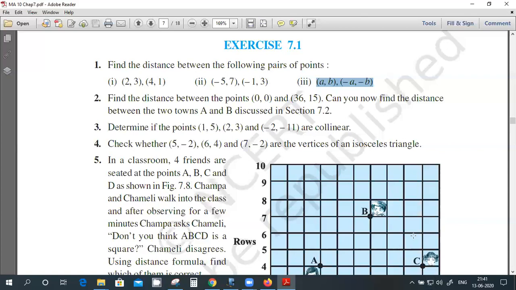This is the distance between two points, right? Getting it or not? Okay, I didn't get it properly. The distance square is a minus minus a, whole square, plus b minus minus b, whole square.